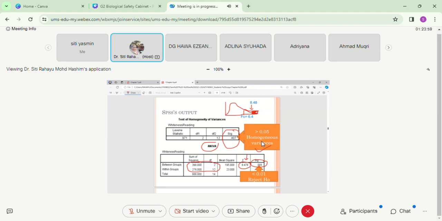The shaded area represents your p-value. But from this point onwards, the area under the curve is 0.01. But for the shaded area, the value is 0.005. Do you understand? Thumbs up if you understand.